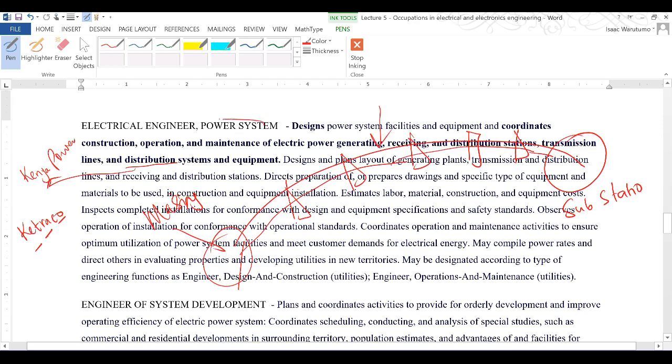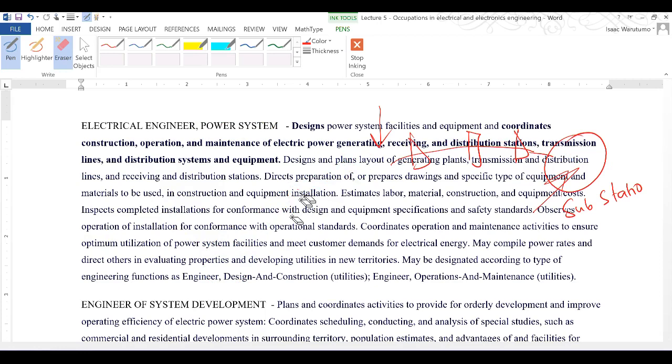They fall under the category of power systems engineer. Substations, distribution stations, and transmission stations are normally handled by power systems engineers. In the Kenyan system, transmission is done by KETRACO, so most of the transmission engineers are going to be hired by KETRACO.